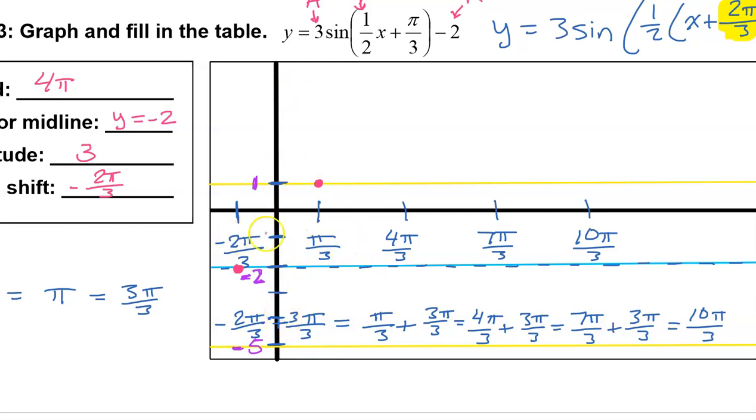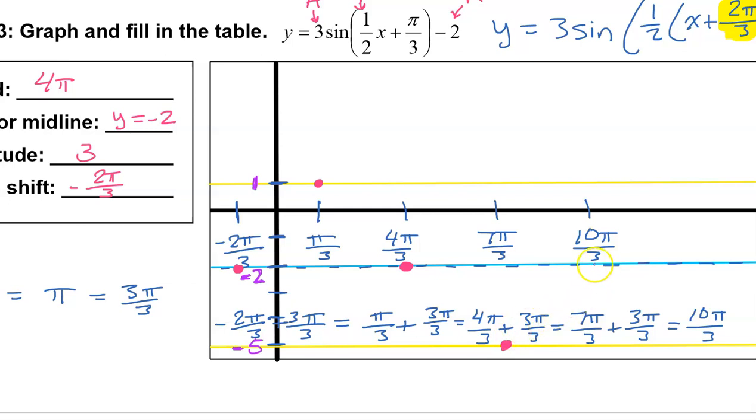Notice that the y-axis is not one of the quarter period marks. So a common mistake is to accidentally use the y-axis. All right, the y-axis is just a place where I could put my vertical shift numbers. But pi over 3 is the next quarter period. A quarter period later, the sine function falls to the midline. A quarter period later, it falls to its lowest point.